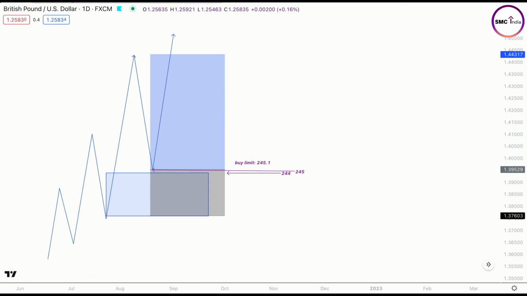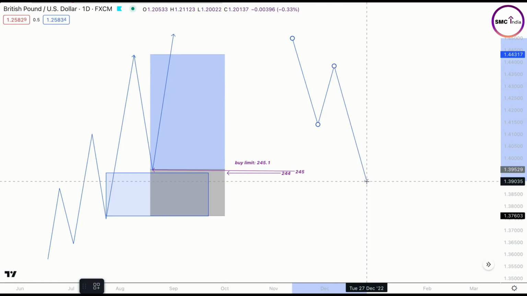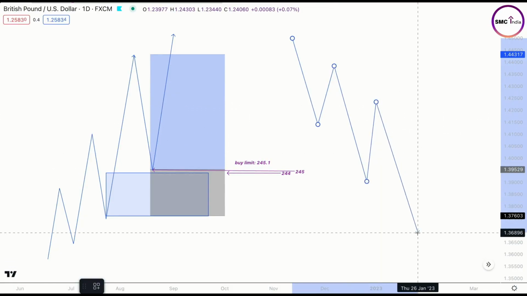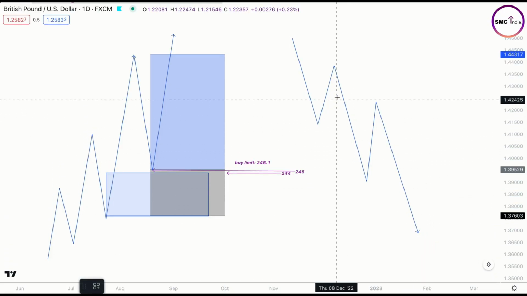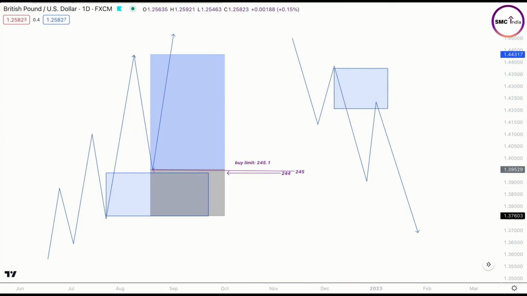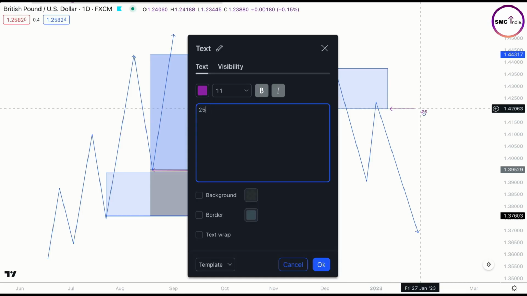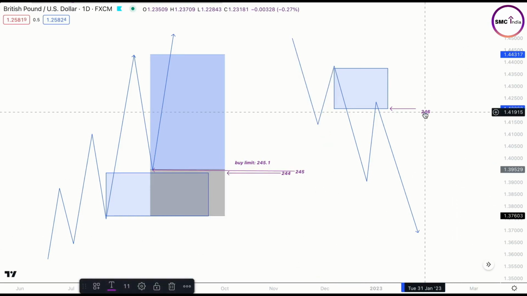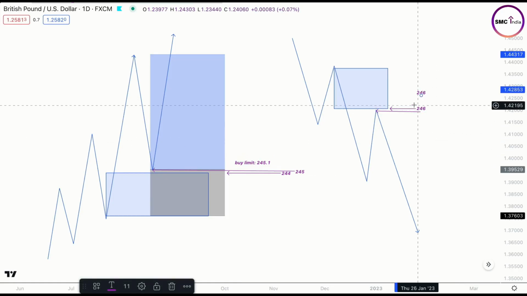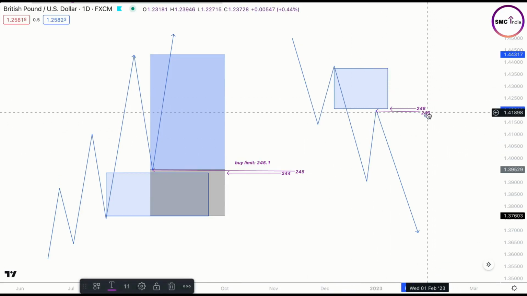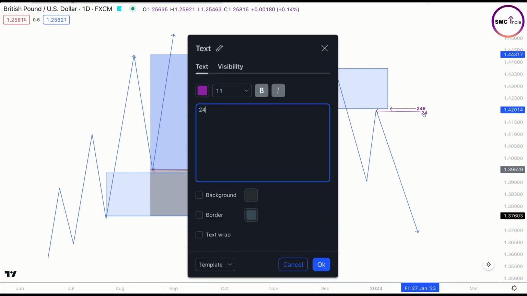Same is the case for a bearish market. The price comes down, moves back up, comes down, moves back up to this order block and then shoots down. When you see this order block, suppose here the price is 246 and just below it the price is 245.